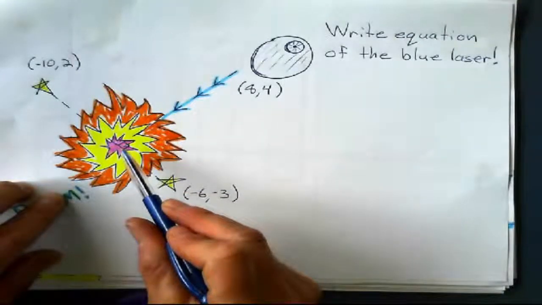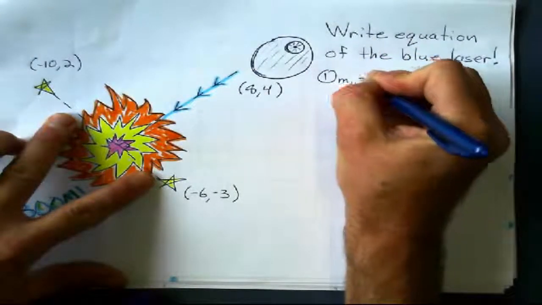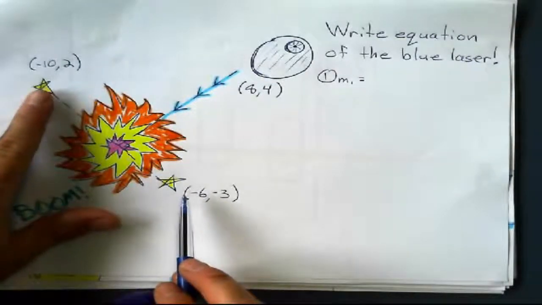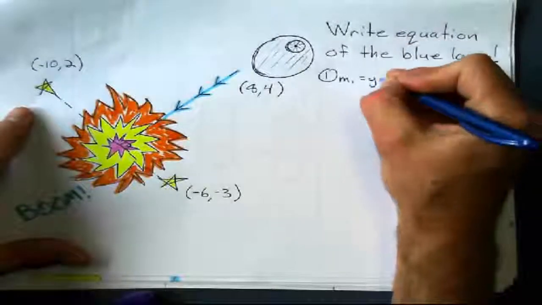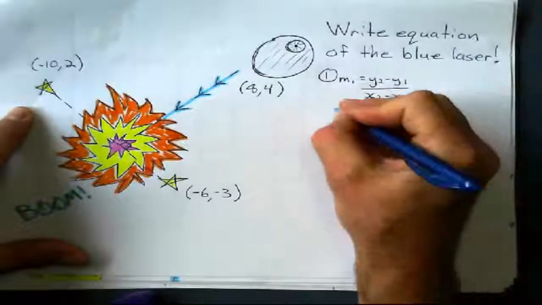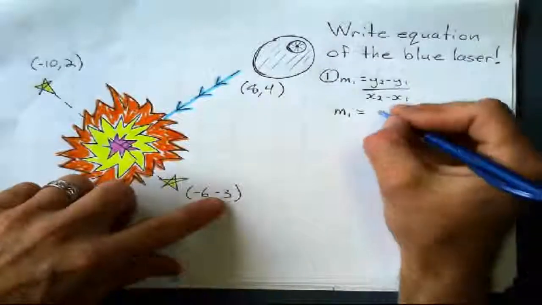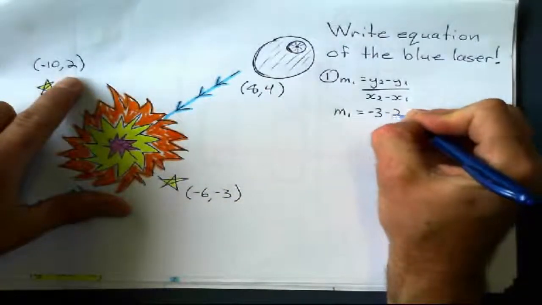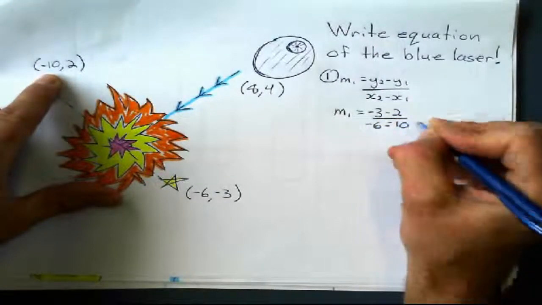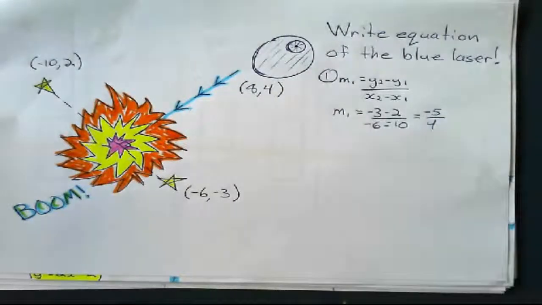To find m1, I don't have the equation at all, so I have to use my formula for gradient given two points: (y2 - y1) over (x2 - x1). That means my gradient between the two stars is (-3 - 2) over (-6 - (-10)). And if my math is correct, I get -5/4 for the gradient of this line.